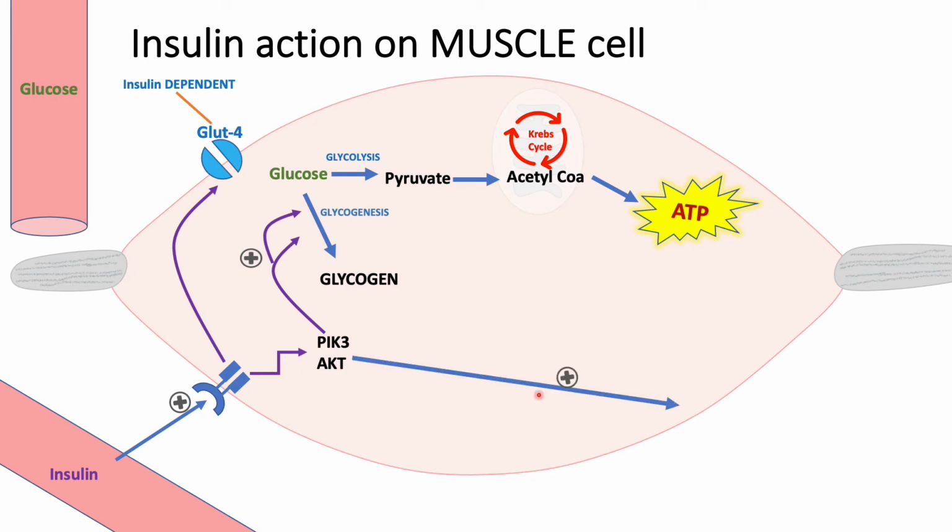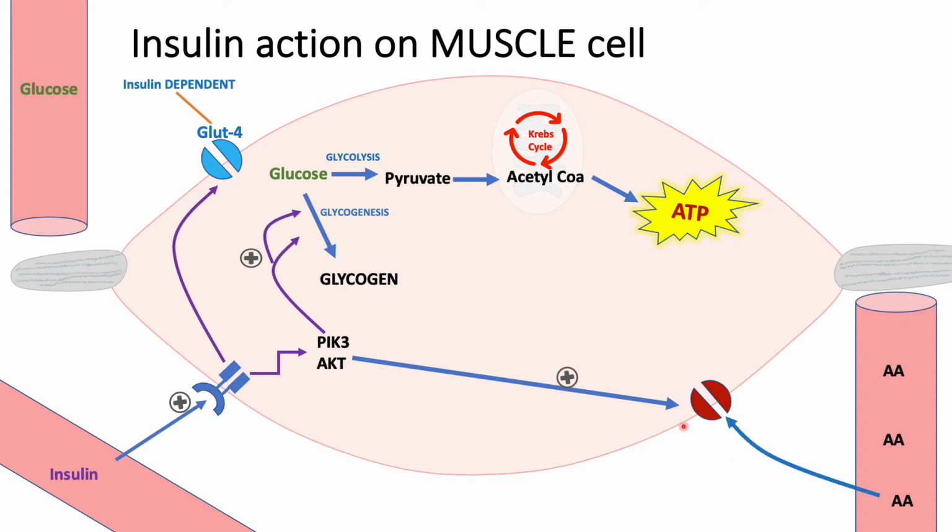These secondary messengers will also affect another channel, and that is specifically for amino acids. So when we eat food, from the meat that we eat, the amino acids from the blood will make their way into the cell. Amino acids, what do they form? They form peptides. And what do peptides form? Protein, which helps to build muscle.